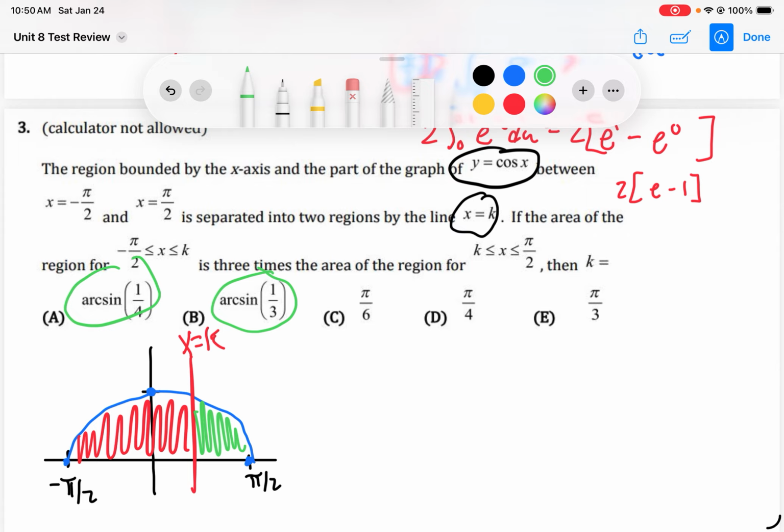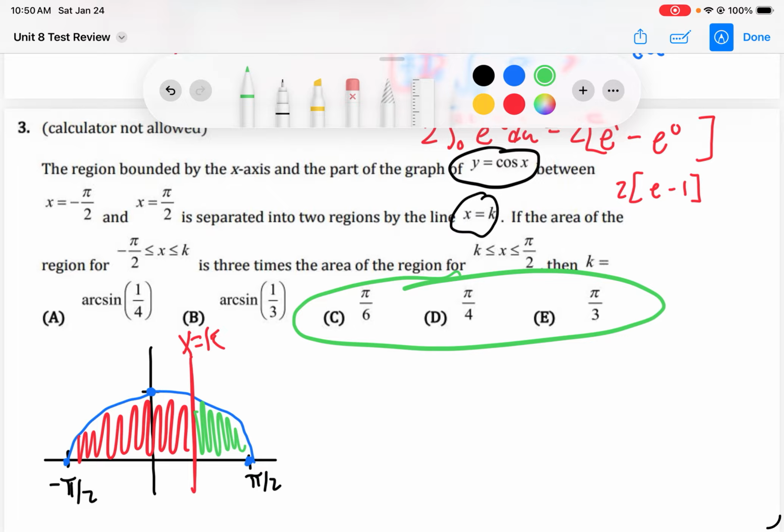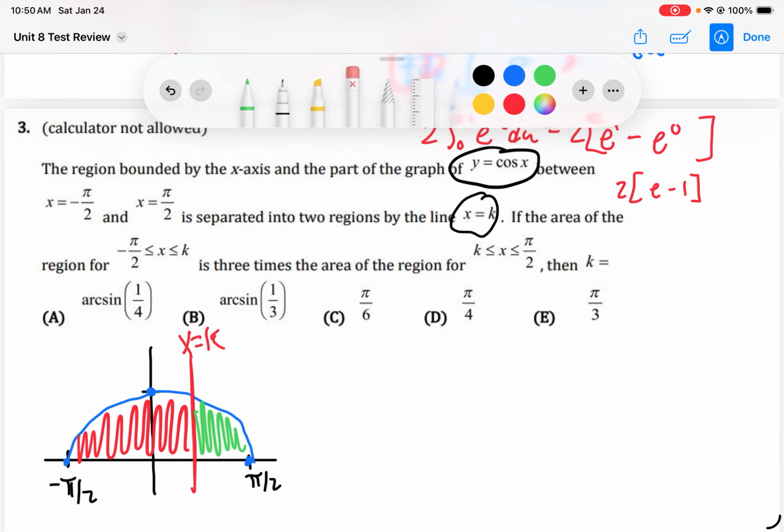I know pi over 6, pi over 4, and pi over 3 are always in that first quadrant, so it's in between these two. If this is an FRQ and I didn't know what to do or didn't have time, I'd at least have a 1 in 3 chance to guess the right answer, but I don't know which one I would guess. That'd be hard.